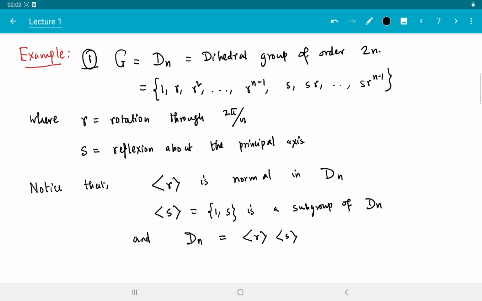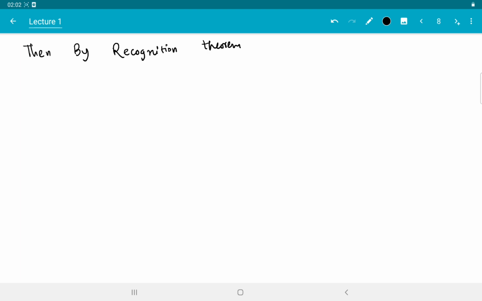Here also observe that the intersection of these two groups is trivial. So with the theorem we have G, which is Dn, isomorphic to the semi-direct product of these two groups.